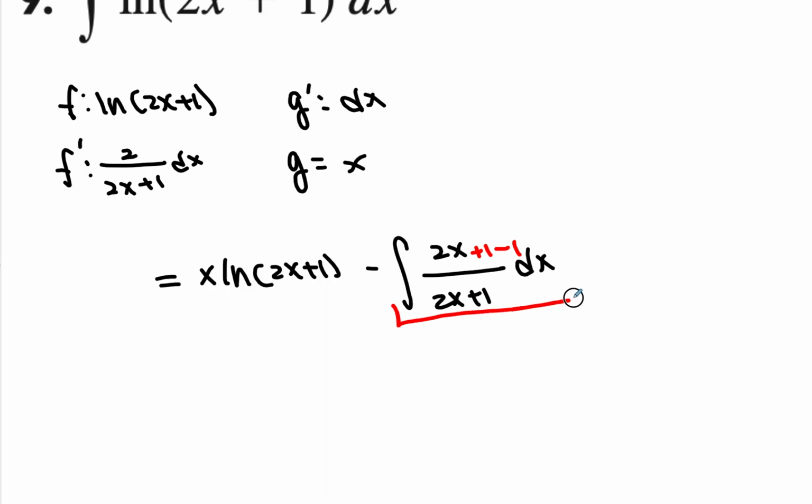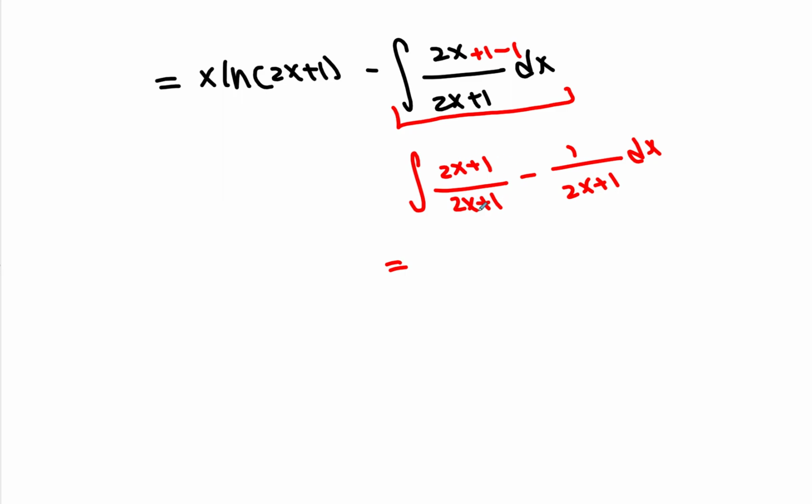So what this one ends up being, if I just work on this portion, don't forget I have a negative sign in here. This should have been the same thing as 2x plus 1 over 2x plus 1, and then minus 1 over 2x plus 1 dx. Then you can see that my first term becomes 1, so we get 1 minus 1 over 2x plus 1 dx.